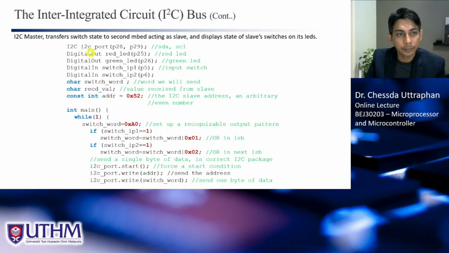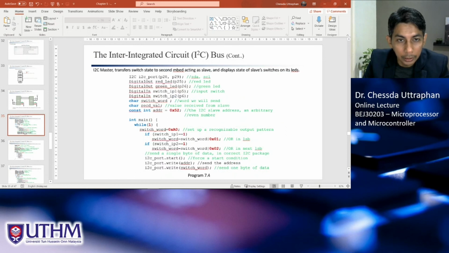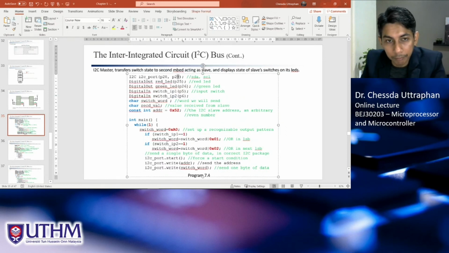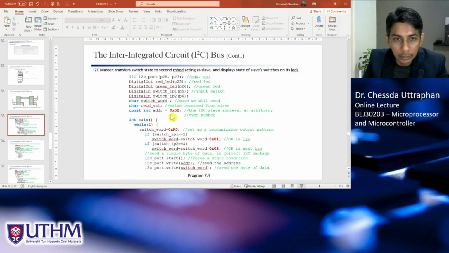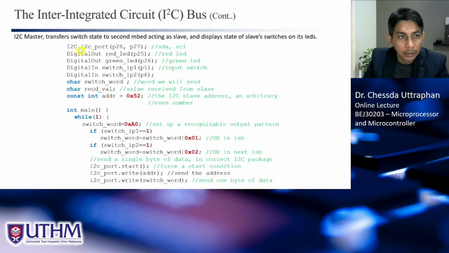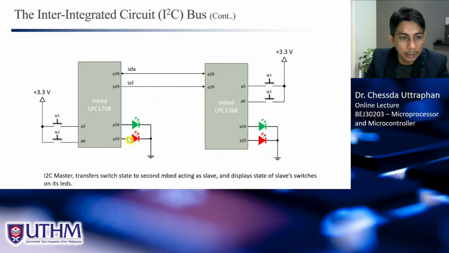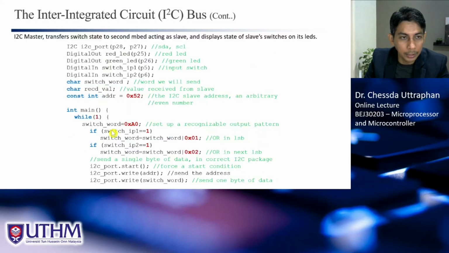And here, again, this should be 27, right? We have the I2C port, and this is SDA, this is SCL, data, clock, and we have the LEDs, P25, P26, and we have the switches, P5, P6.